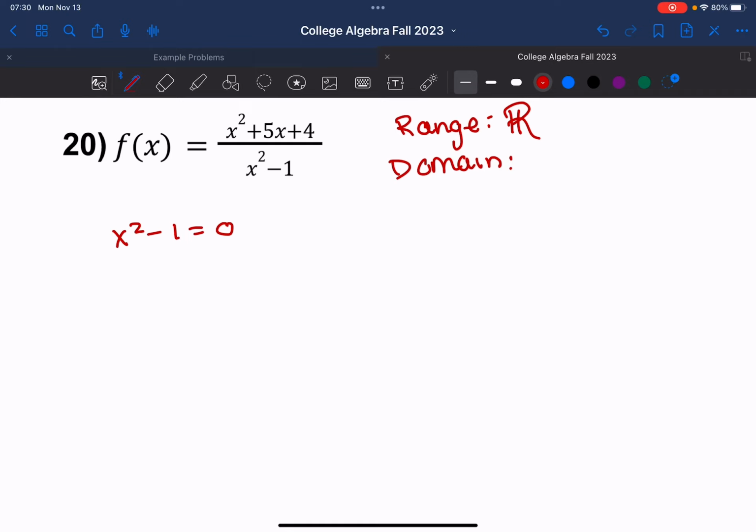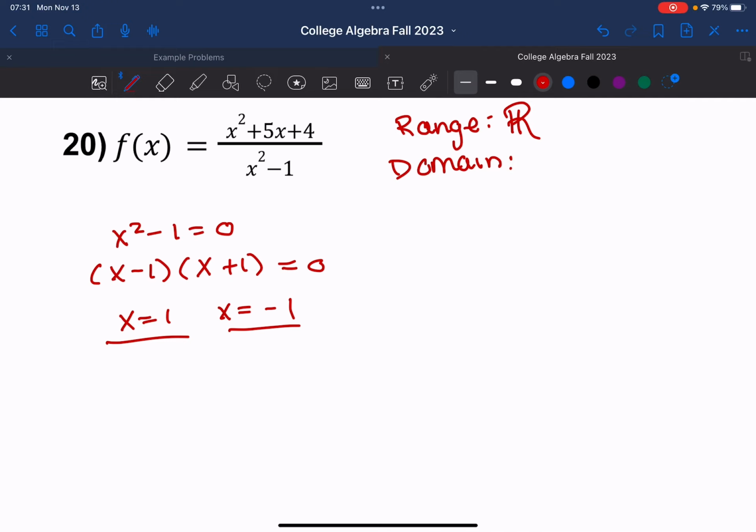Perfect square. So that means I'm going to have x minus 1 and x plus 1 equals 0, because the square root of 1 is 1, which means I have x equals 1 and x equals negative 1. So those are my two restrictions, my two asymptotes.